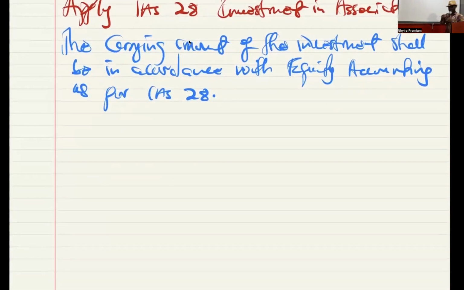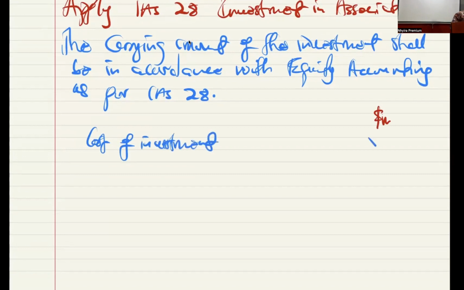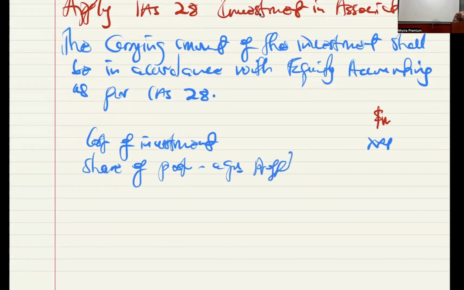Now, if we are going to apply the equity accounting, how do we deal with that? Pretty simple. We're going to have the cost of the investment coming up. We're going to be bringing in our share of post-acquisition profit or loss.